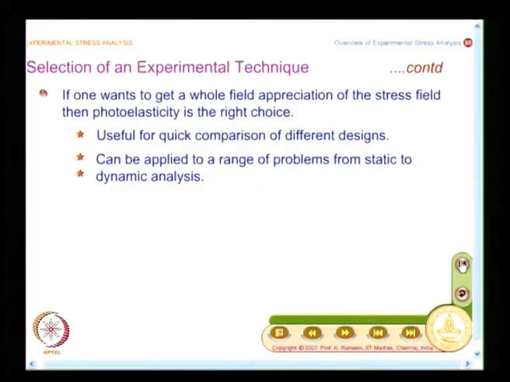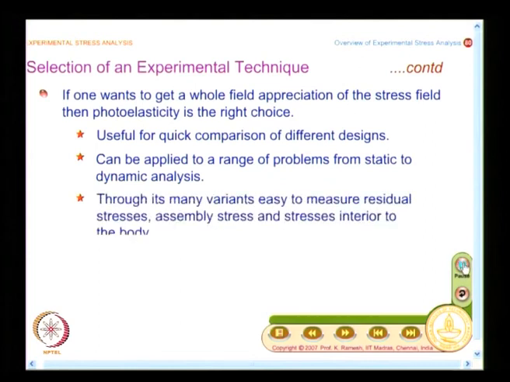And we have also seen that with different methods of photoelasticity, you can go from static to dynamic analysis, and through its many variants, it is easy to measure residual stresses, assembly stresses and stresses interior to the body.